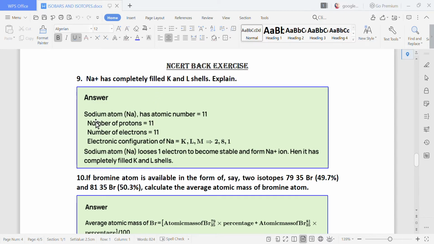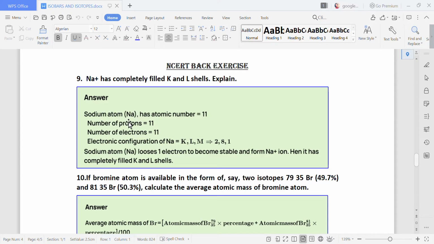As you see, the sodium atom, the symbol is Na. Also note down, children, that this Na is not having any plus or minus sign, and because it is not having any plus or minus sign, that means it is an atom.